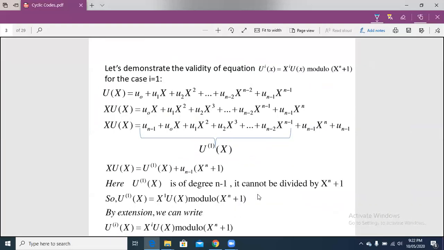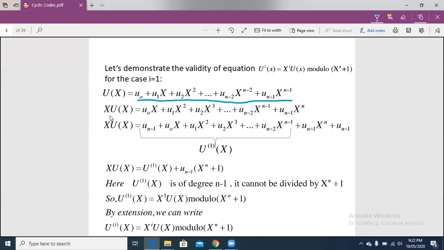So let's see how we get the shifted version of the code word. Initially we see this expression, which is the code word, an n minus 1 order polynomial.